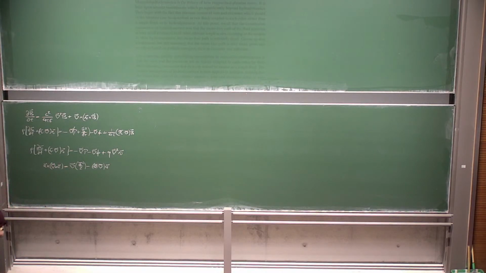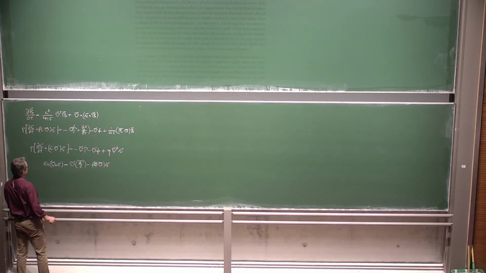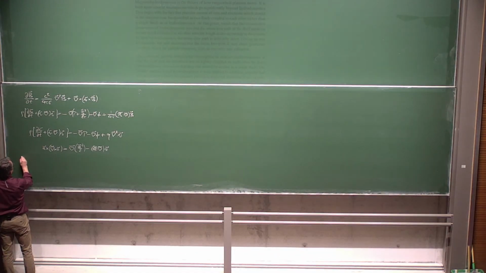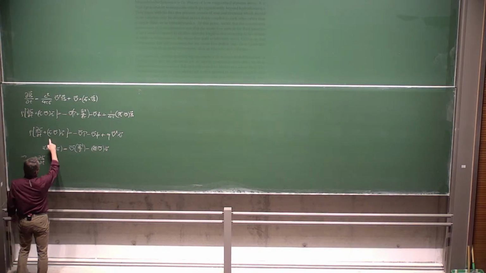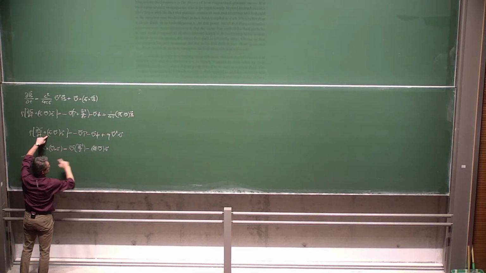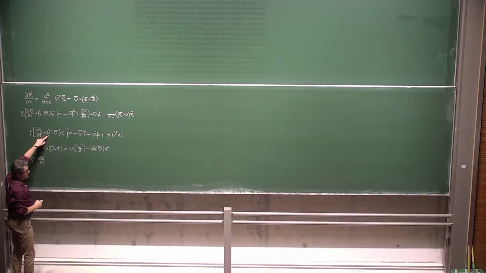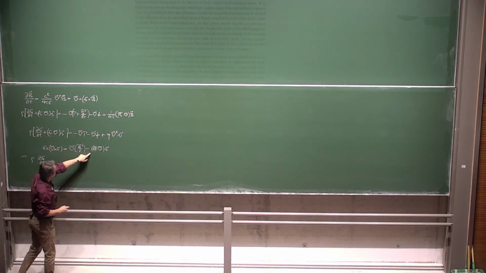You have seen this before, right? I just want to remind you of that, in order to replace this term here, say, so this one, I'm going to replace by that one.